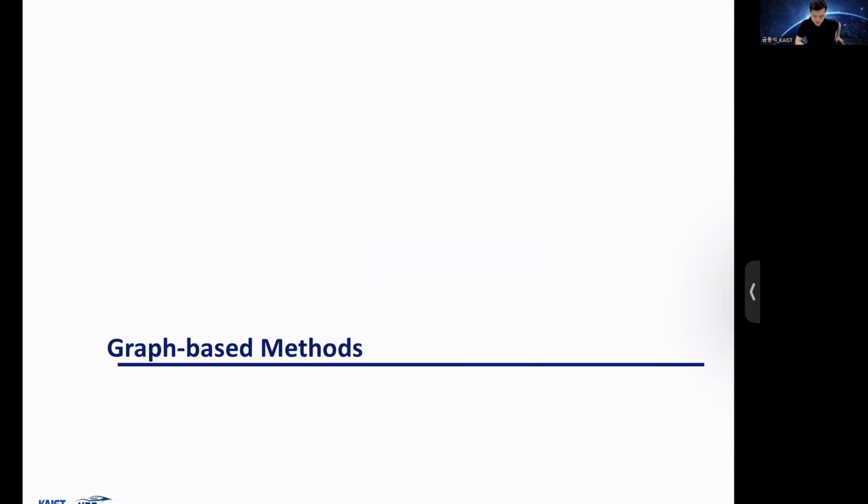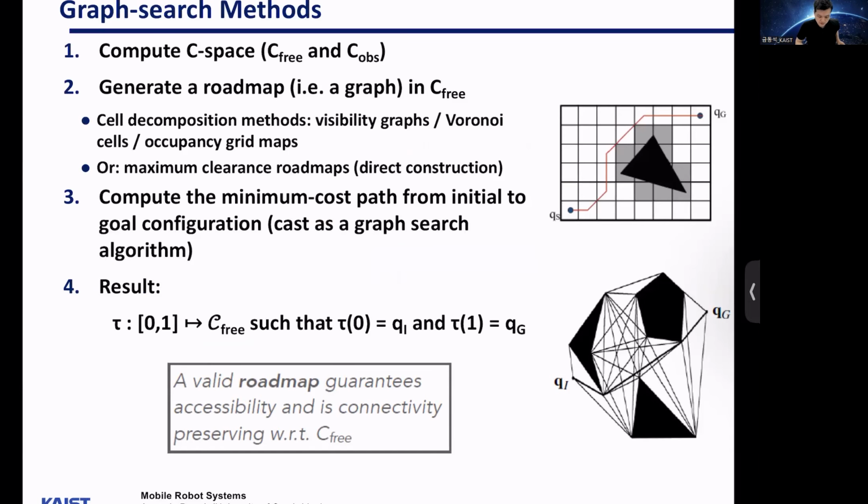Let's talk about graph-based methods, which was the first topic. We need to first compute the configuration space, where the obstacles are and where the free space is, and then generate a roadmap in free space. There are methods like visibility graphs, Voronoi cells, occupancy grid maps.